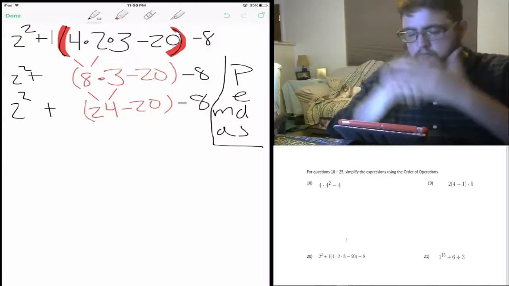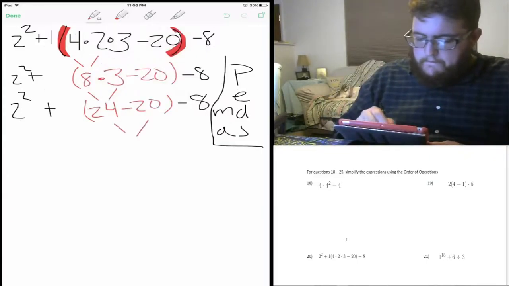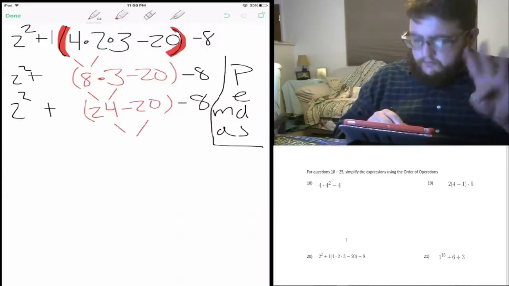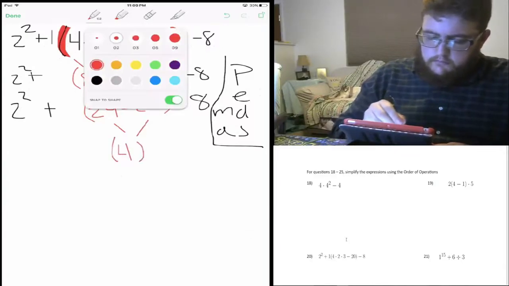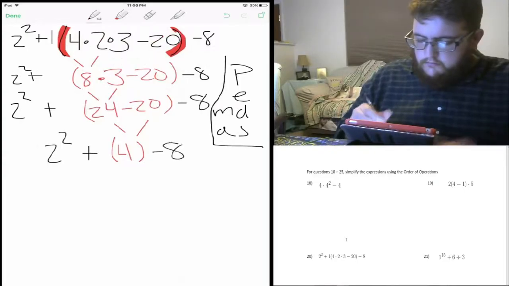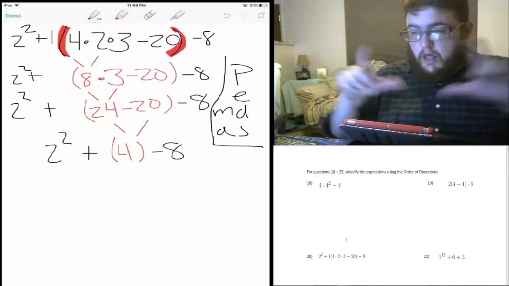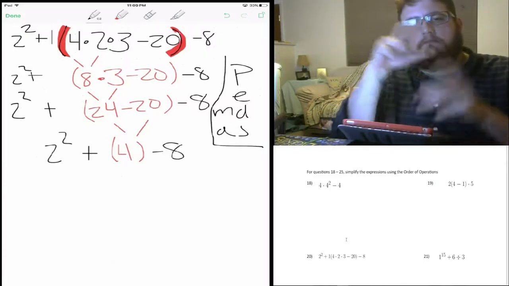The subtraction left is 24 minus 20, which will leave us with 4. We will bring everything else down. Notice that all of the different operations in our parentheses have been reduced and taken care of. So we are done working through our parentheses. Now we can check that off.